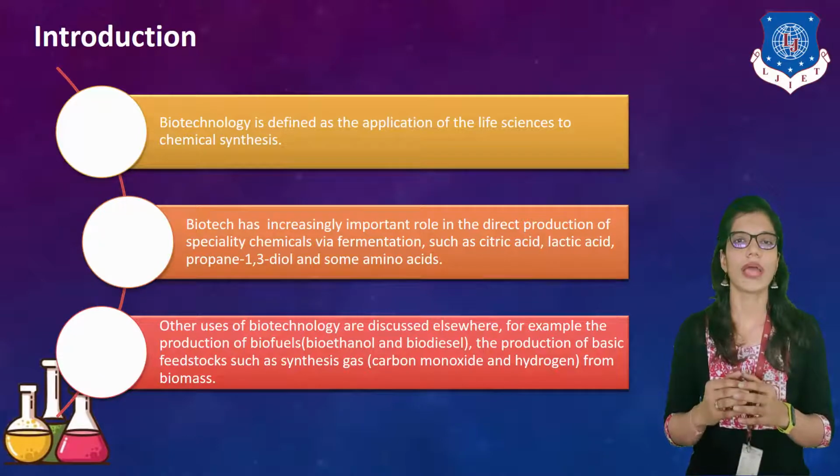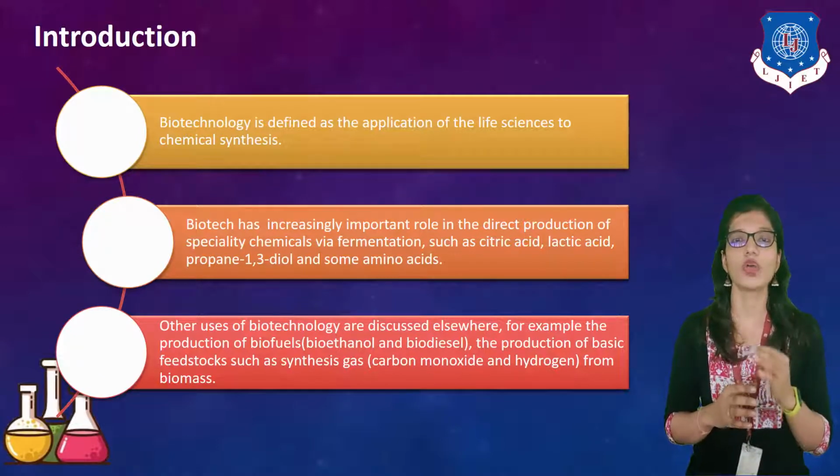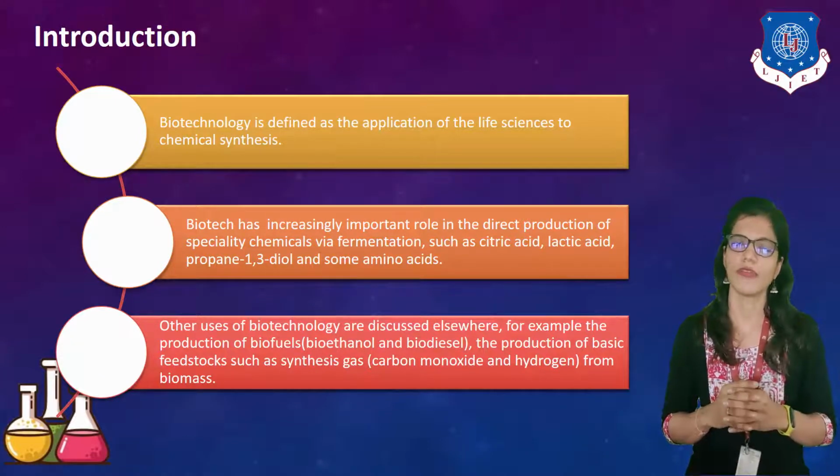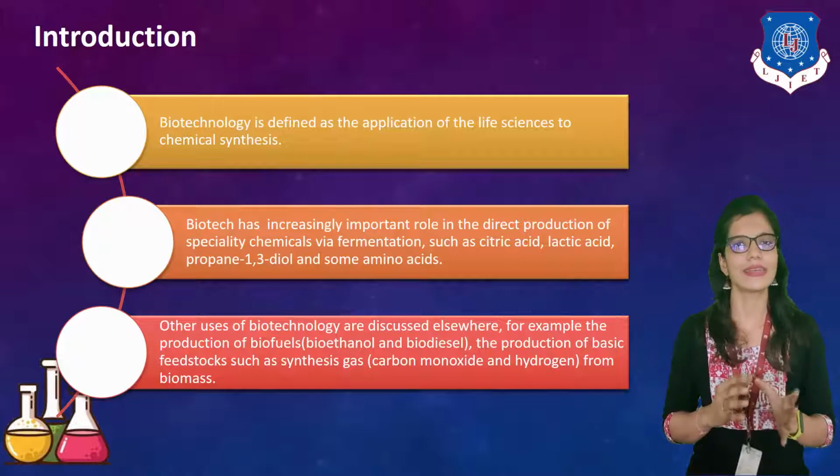Okay, from that a new branch came into existence, which is known as biotechnology. What we need to do here? In this particular chapter, we will study the chemical aspects of biotechnology. Fine? For that, let's understand what biotechnology actually is.